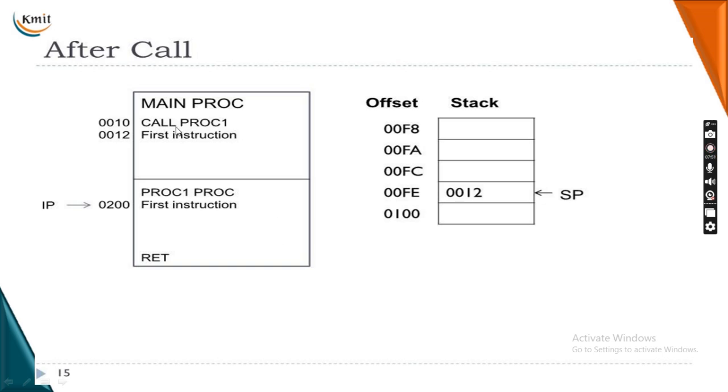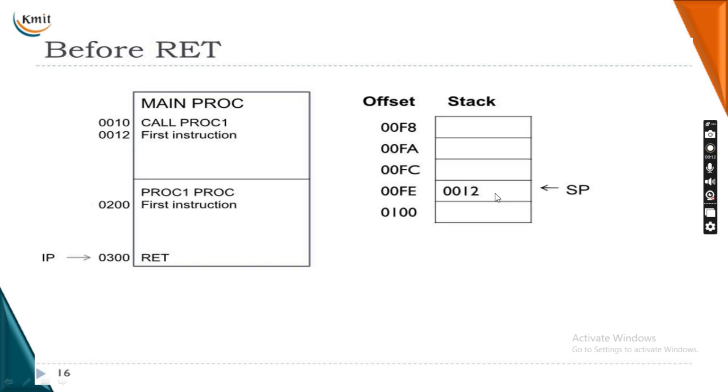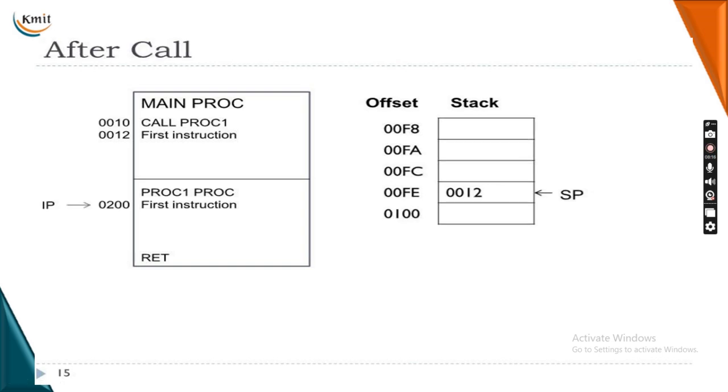Alright. So after call, what happens? After the call proc1, it goes to the address which is 0200, which sets the IP address and the stack pointer to 0012.